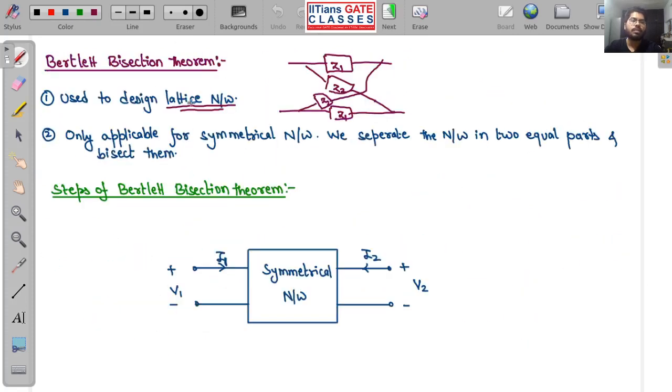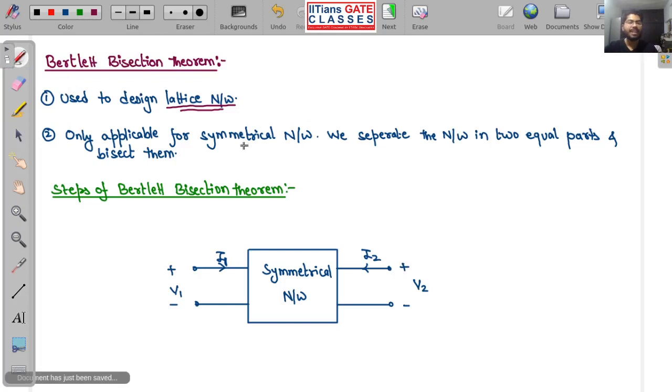Now suppose we have to design a lattice network for a given network. So what do we need? This theorem is applicable only for a symmetrical network. So if my circuit is symmetrical, then we separate the network into two equal parts. We have seen a symmetrical network can be divided into two equal halves. Okay, so we will be doing that.